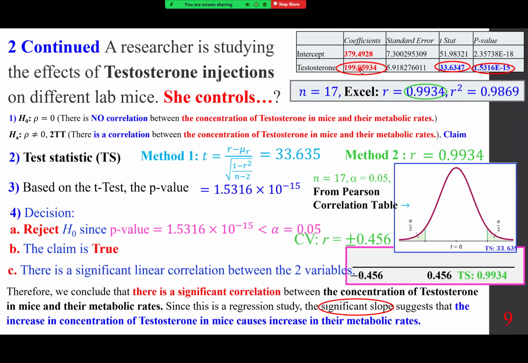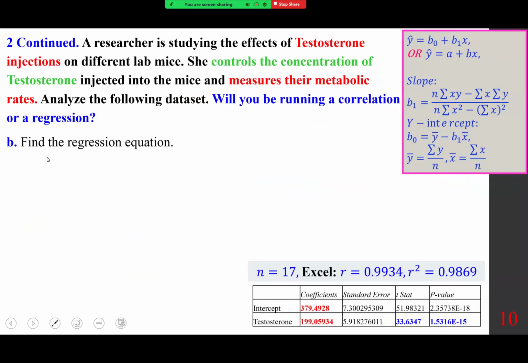And so, continuing with the same question, we want to find the regression equation. Again, I'm reminding you of those formulas, of what we came up with as far as technology is concerned. So what is the regression equation? We look at this, and remember, this is the intercept, and this is the slope.